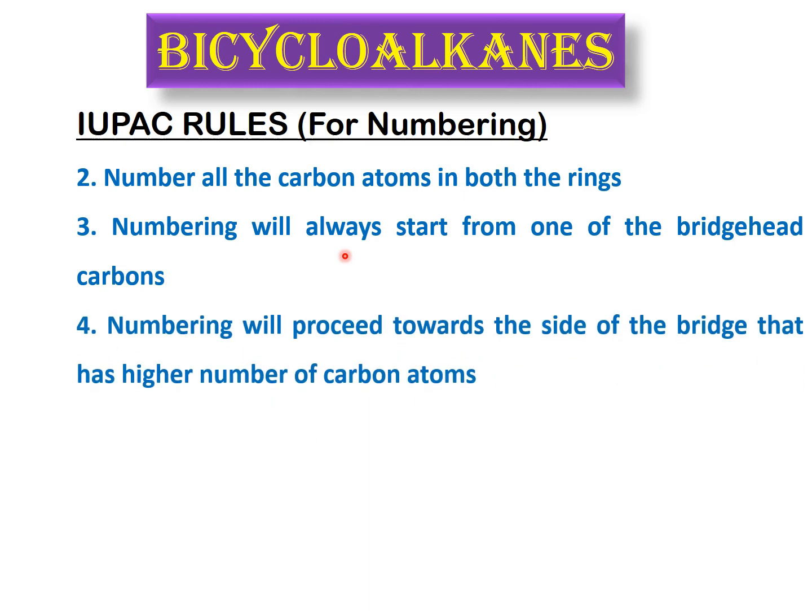And then it will proceed in the direction of the ring that has highest number of carbon atoms. So you start from the bridgehead carbon and then you proceed on that side which has highest number of carbon atoms. Again, let's see this with the same example.